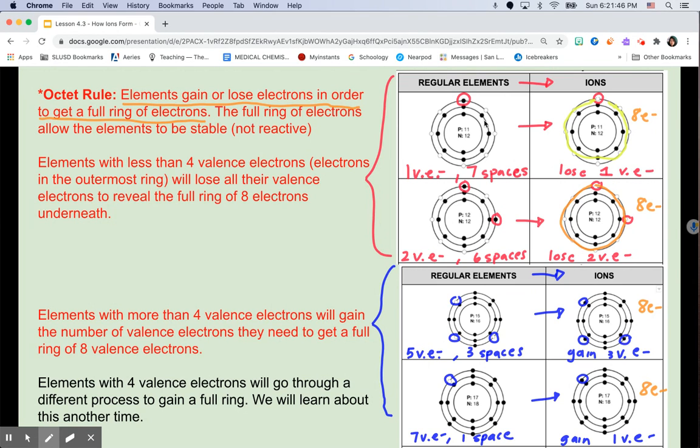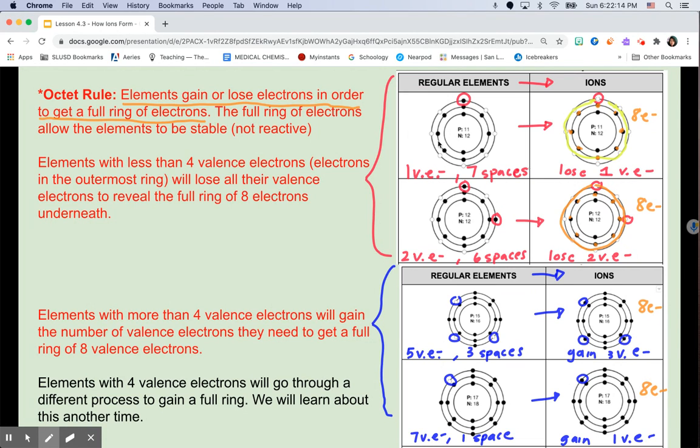And the reason why they want to get rid of them is so that underneath they have a total of 1, 2, 3, 4, 5, 6, 7, 8 electrons each time, right? So this one loses 1 because underneath it will have 8. This one loses 2 because once it gets rid of those 2, it will have 8 as well.